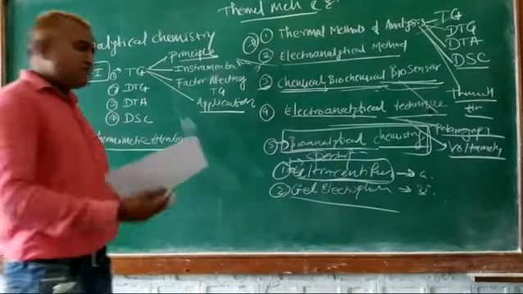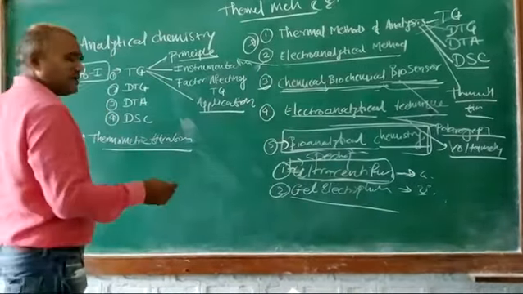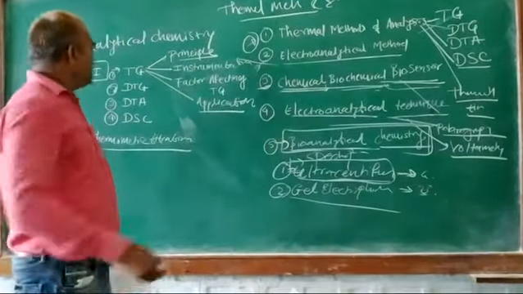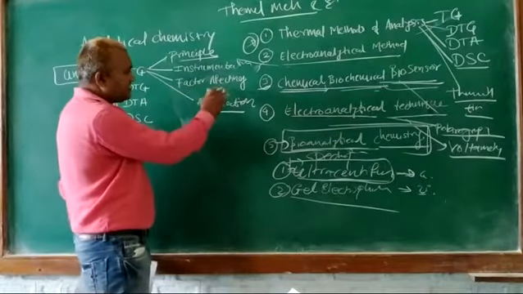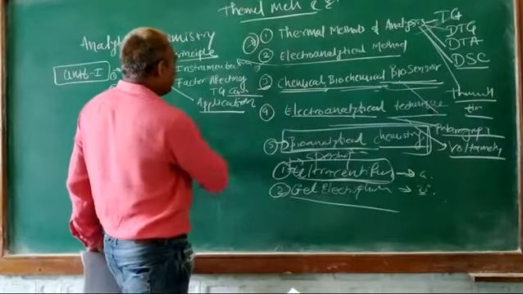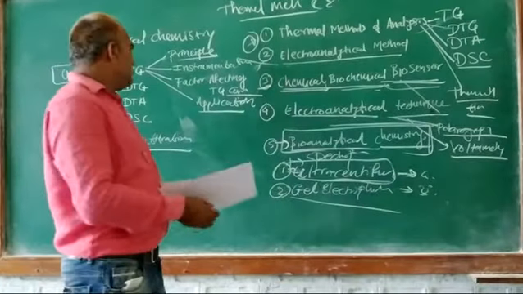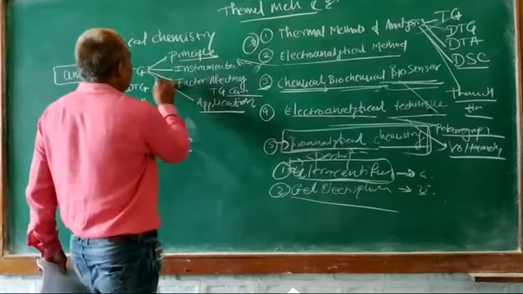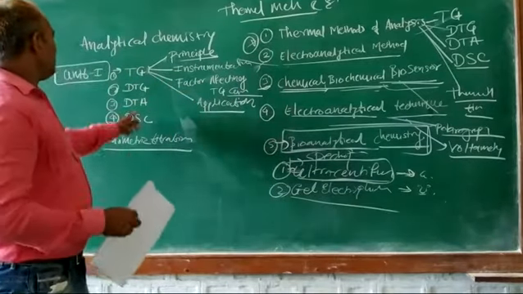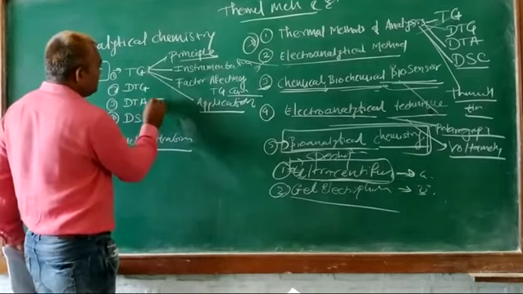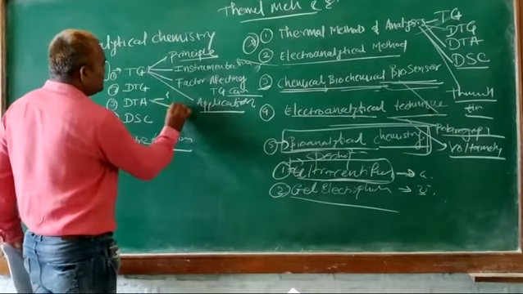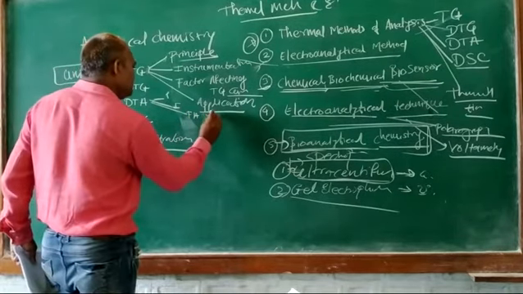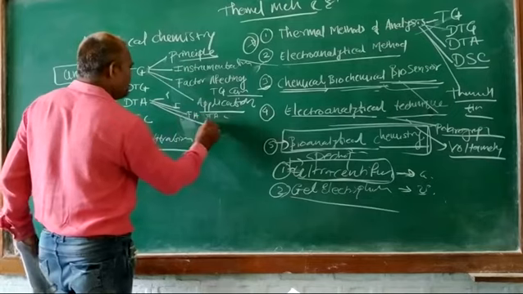For TG we will see the principles of TG, instrumentation of TG, factors affecting the TG curve, and finally the application of the TG instrument in the laboratory. All four points are subdivided the same way for DTA: principle, instrument, factors affecting the DTA curve, and application of DTA.